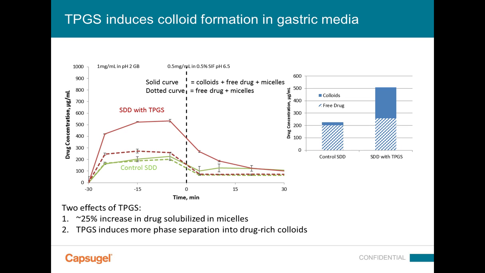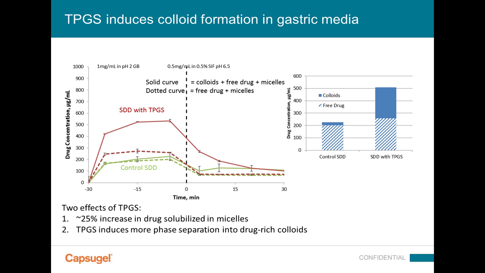Here's an example of the dissolution of an SDD that's been formulated with and without TPGS in it. The green lines represent the composition of the control SDD, which doesn't contain any TPGS. So we have another gastric to intestinal transfer test here, where the aliquots are analyzed by HPLC.